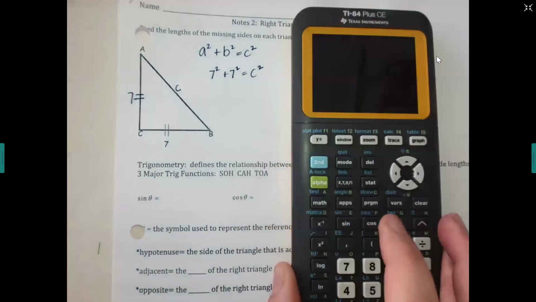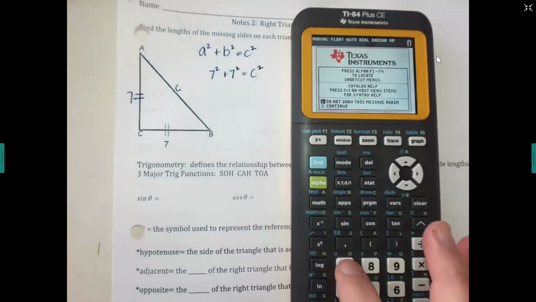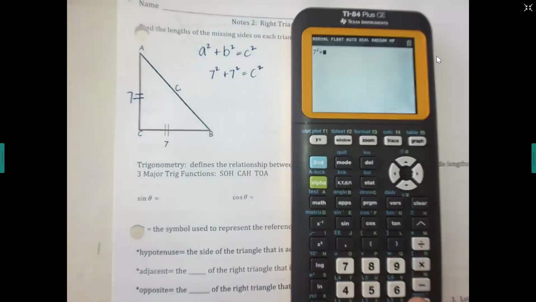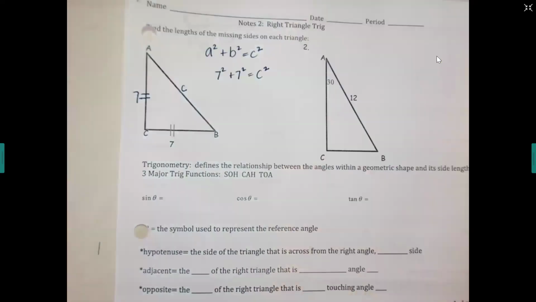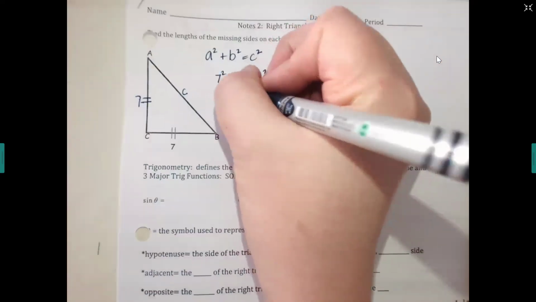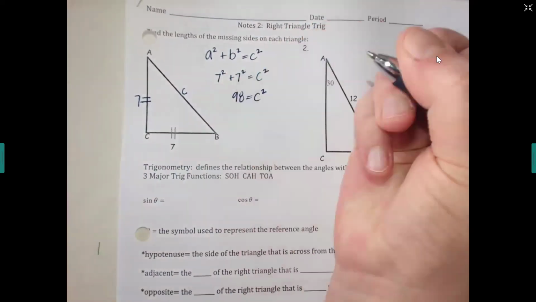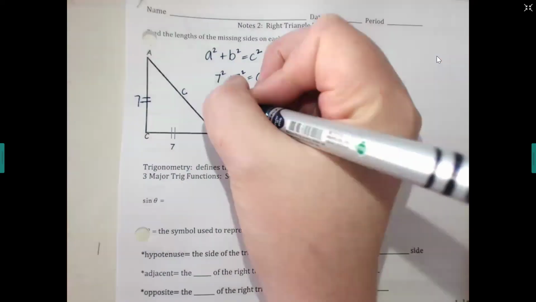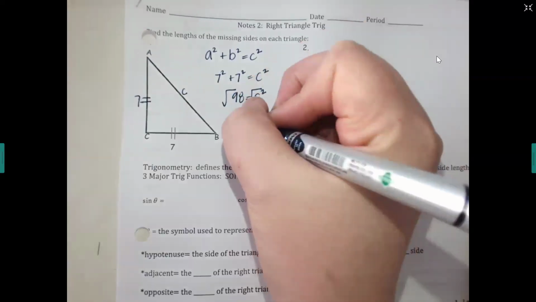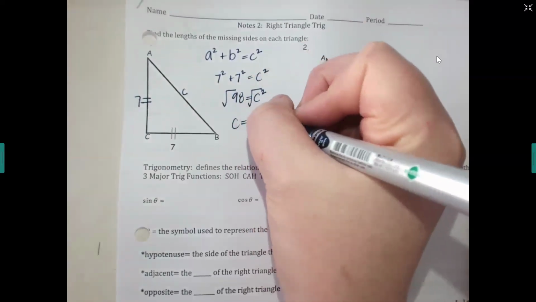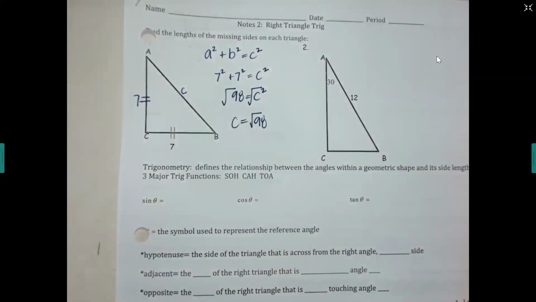Okay, and then in the calculator, I'm going to add those two up. So it'll be 7 squared plus 7 squared. That gives me 98. And if 98 is c squared, what's my next step? Take the square root. Now, at this point, the square root of 98 is correct, but it's not simplified.